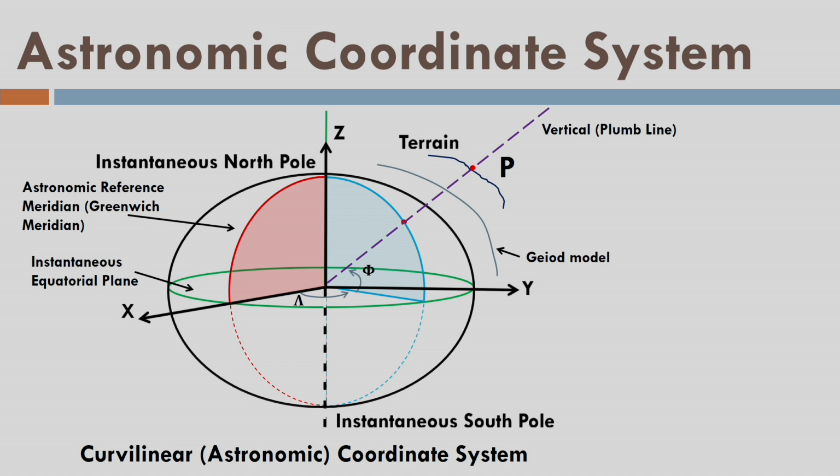Okay, say from the geoid I measure the height of point P and I call it capital H, and this height is nothing but the orthometric height. Remember, in the case of plane survey or classical survey, we decided on one surface called the equipotential surface, and with respect to that equipotential surface we measured some height. Similarly, this height H is also measured in the direction of gravity, and this height is called orthometric height.